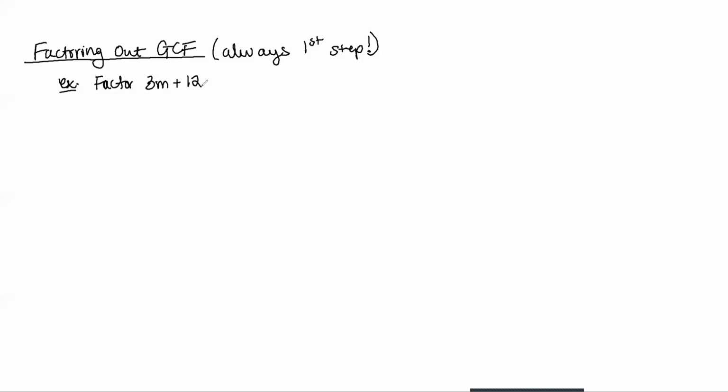And since we're factoring out the greatest common factor, first thing we need to know is what that greatest common factor is. So we're looking at all of the terms that we have. So we have a 3m and a 12, just like we were just doing. They don't both have a variable, so we can't take out a variable. But the GCF of 3 and 12 is 3. So now what we're going to do is put that 3 on the outside of a set of parentheses.